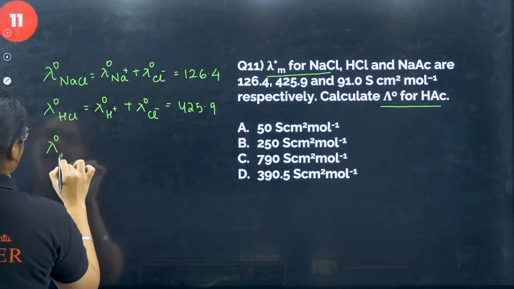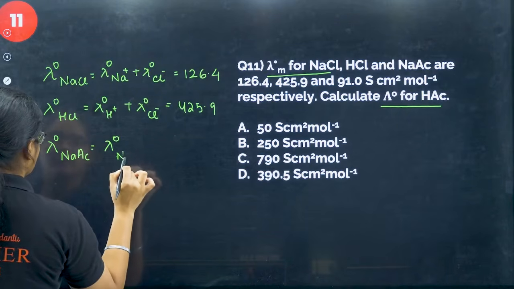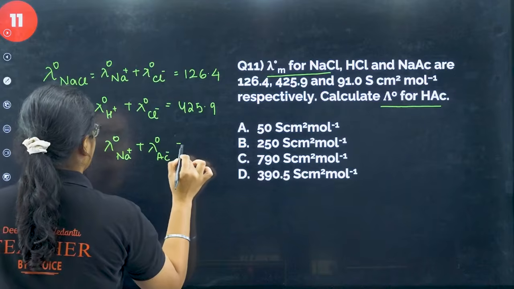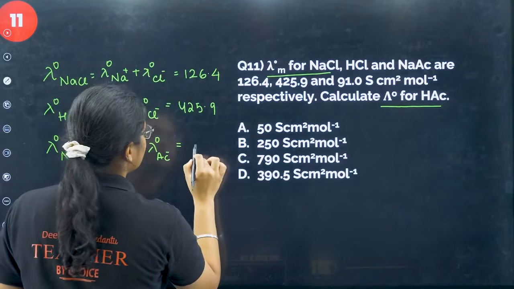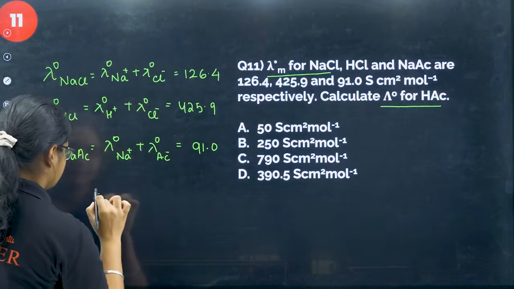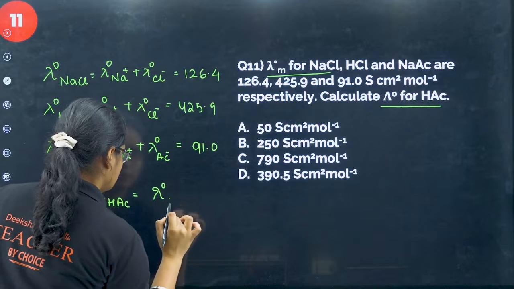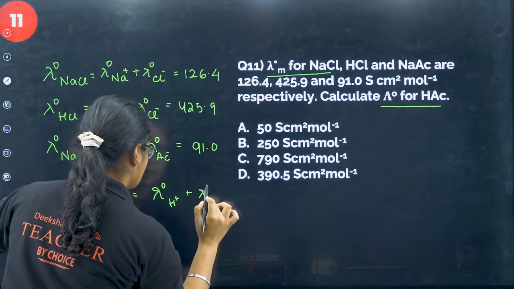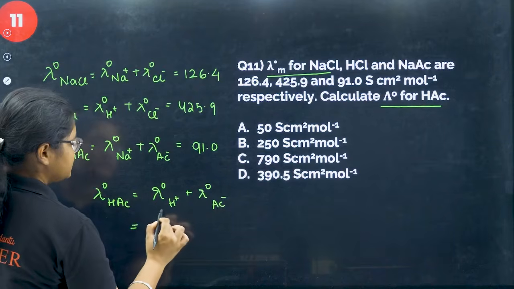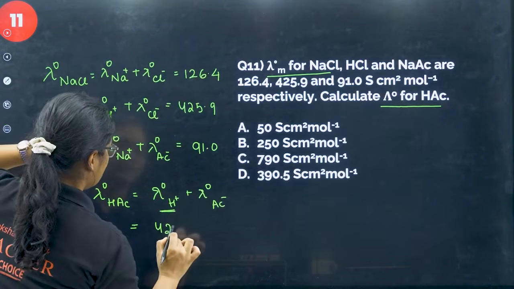Next I have NaAc, Na plus Ac minus, which is equal to 91. Now I want to find for HAc, that is equal to H plus and Ac minus, right. So I want this H plus value, where is it, this one, right, 425.9, okay.